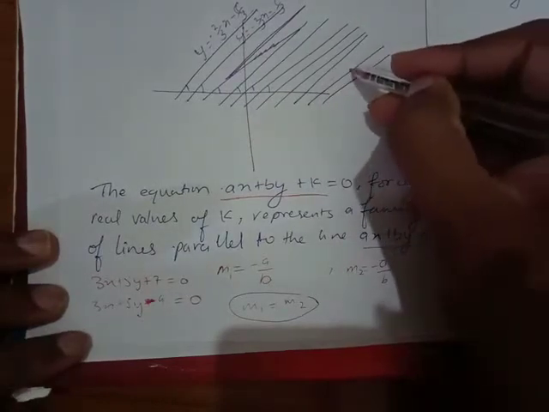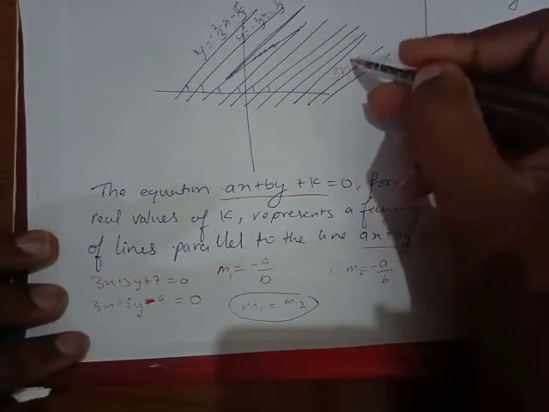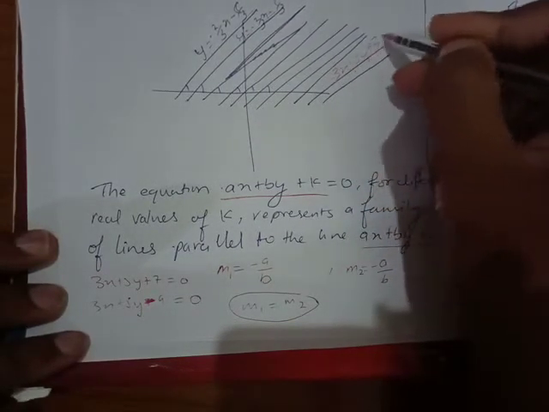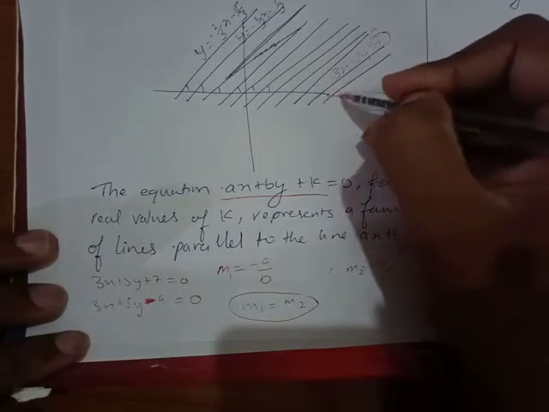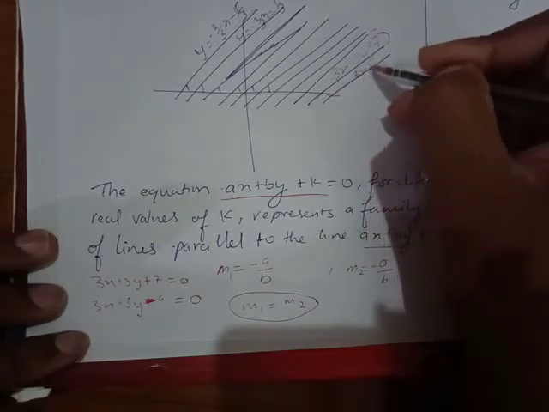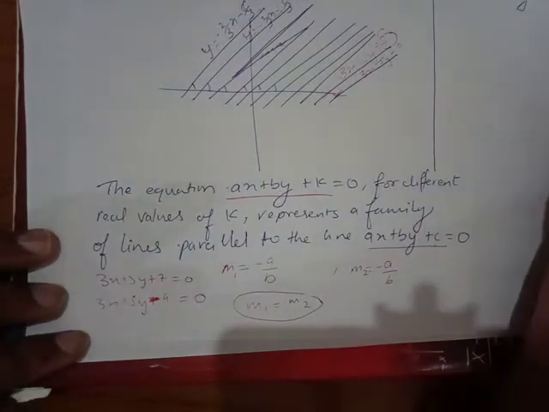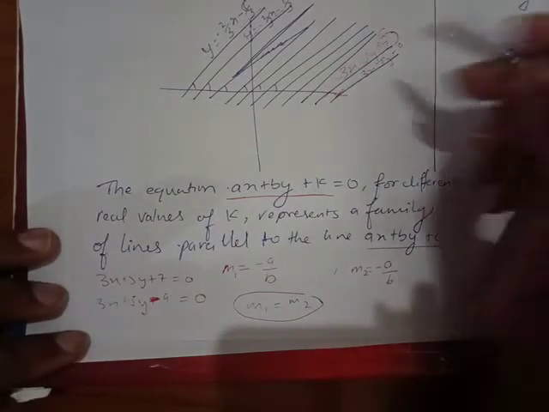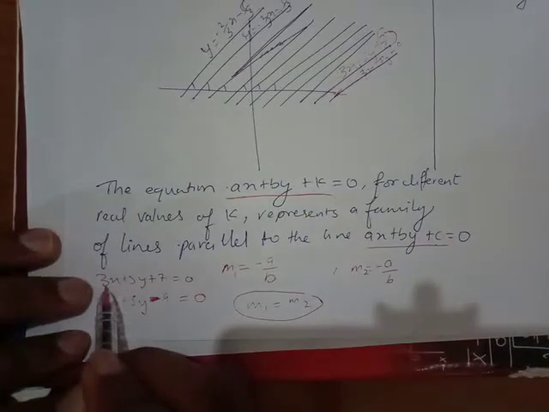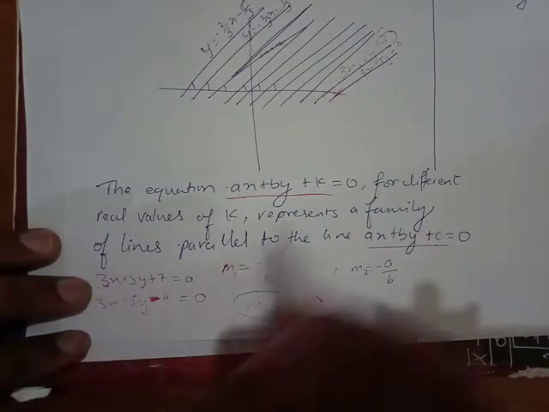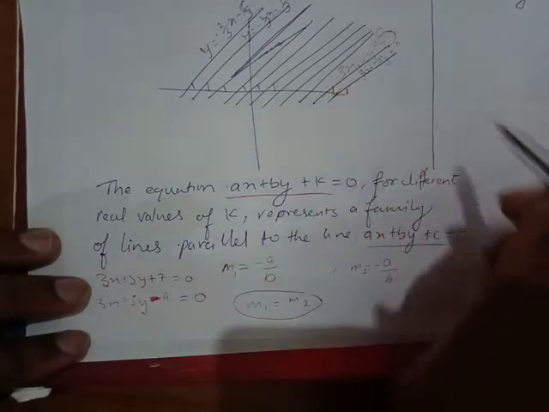So इस equation की line होगी 3x plus 5y plus 7, क्योंकि ये 7 से होके जा रही होगी, और इस equation की line होगी 3x plus 5y minus 9, क्योंकि ये minus 9 से होके जा रही होगी. But they will be parallel to each other. Why? Because what is the same? m is the same, slope is the same.